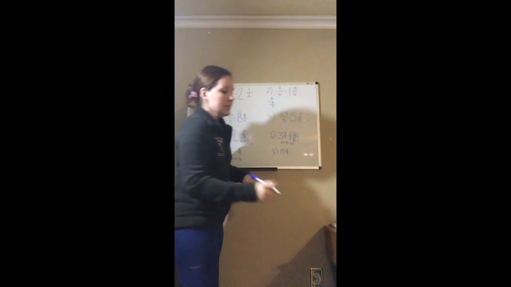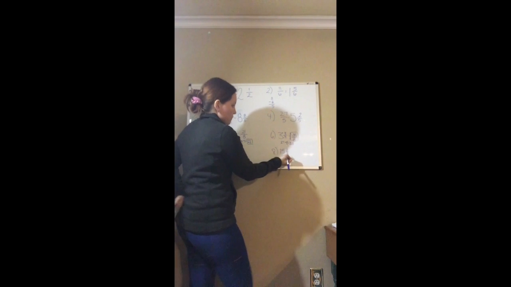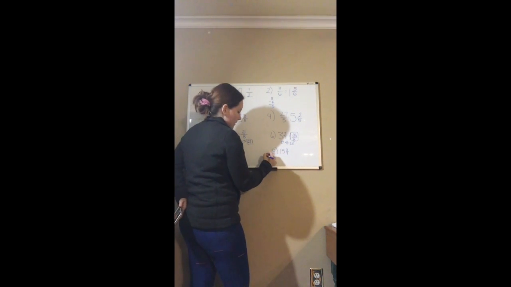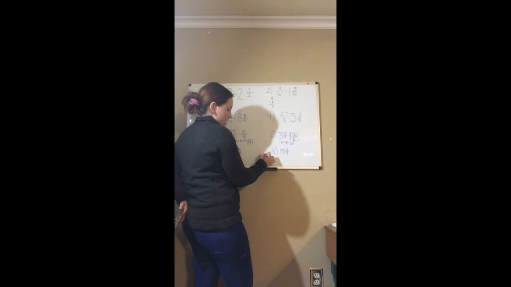All right, for this last one, actually, we can do it right here on the board. So we have 4 times 15, so we can say 15 times 4. 5 times 4 is 20. 4 times 1 is 4, plus 2 is 6, so 15 times 4 is 60.